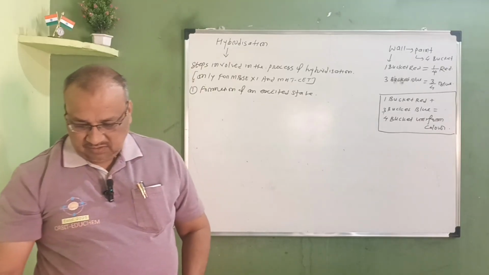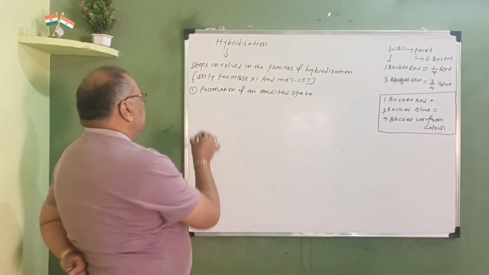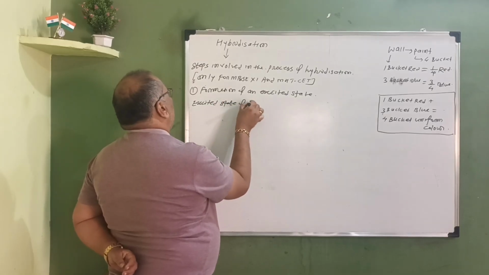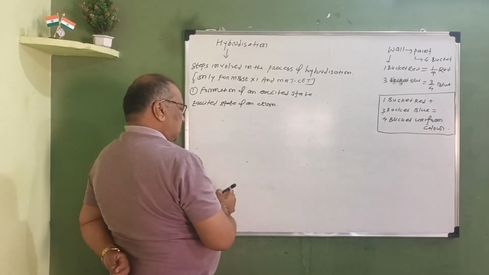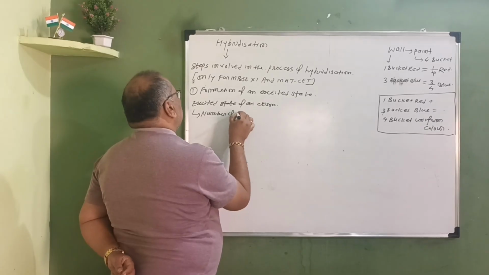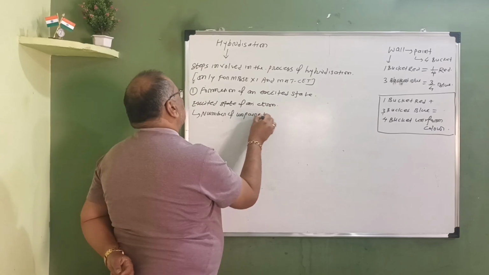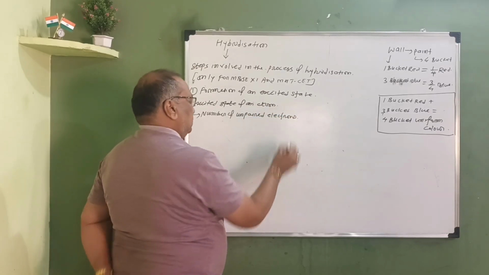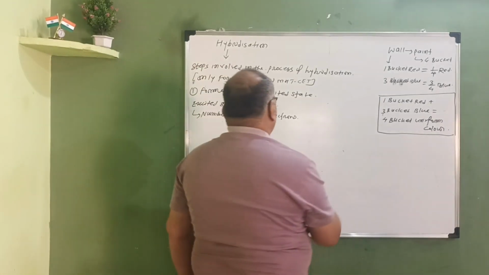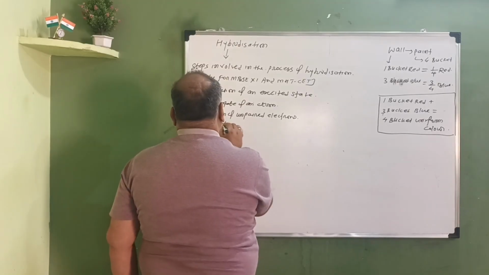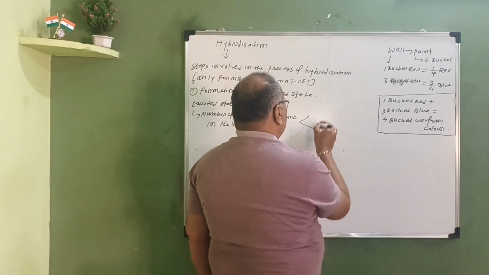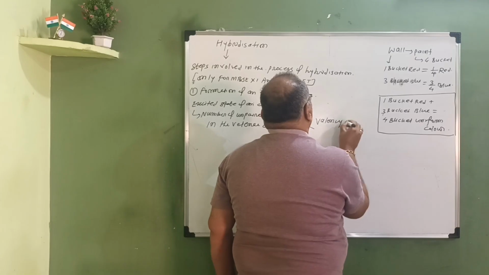Now here the excited state of an atom is formed only when the number of unpaired electrons in the valence state is less than the valency of an atom.